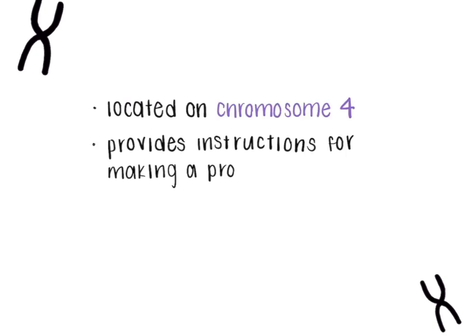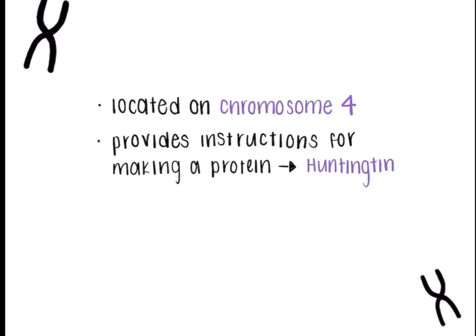The HTT gene is found on chromosome 4, and it provides instructions for making the protein Huntingtin. This protein can be found in many of the body's tissues, with the highest levels of activity in the brain. As stated before, the codon CAG codes for the amino acid glutamine.